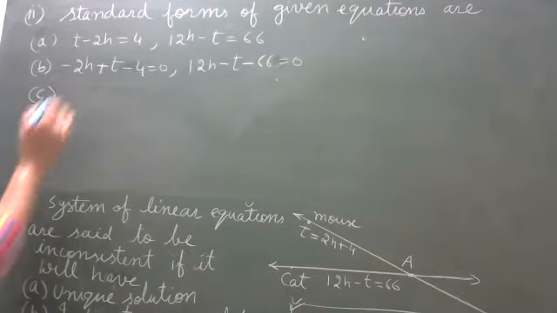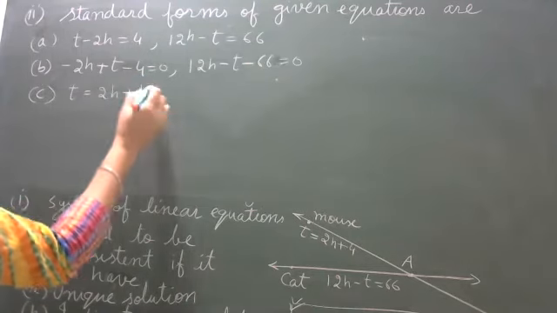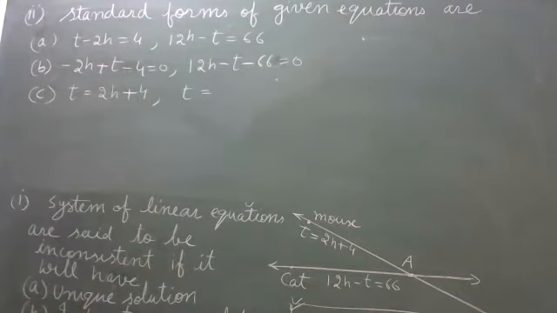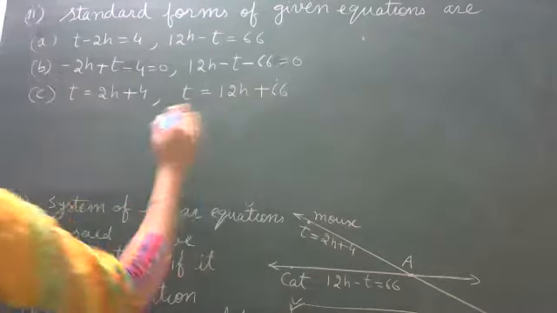t is equal to 2h plus 4 and t is equal to 12h plus 66.